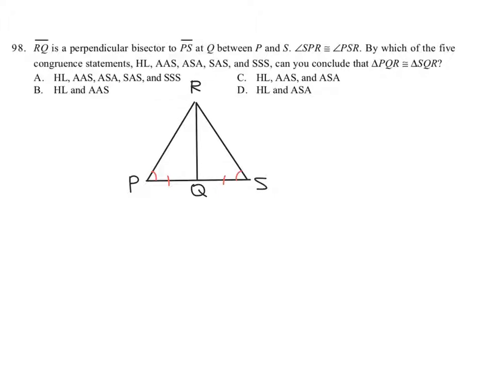Now, what else do we know? Well, RQ was not just bisecting PS down here. This was not just bisecting this, which is why we know that that's true, but it was a perpendicular bisector to it. That means we know something else. We know that this is a right angle. Well, RQ is reflexively congruent to itself. We know that.